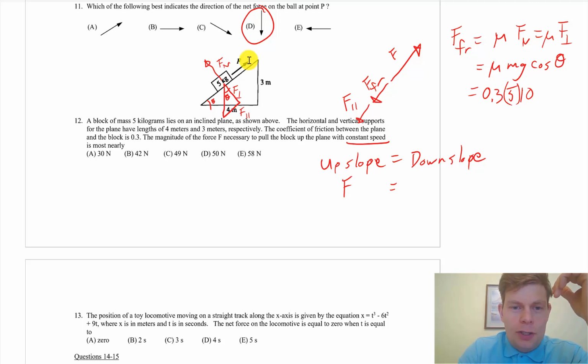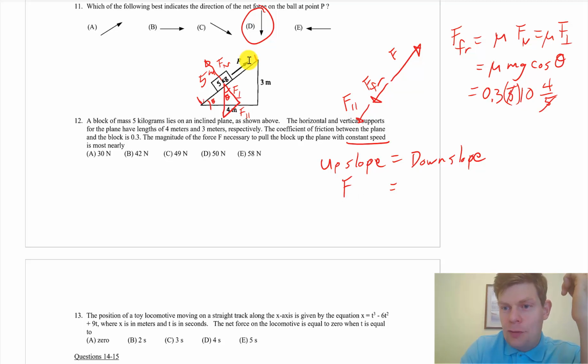Adjacent over hypotenuse. I know it says 5 kilograms, so that's not necessarily the length of this, but this is a 3, 4, 5 right angle triangle, so this is 5 meters as well. And so cos theta is just adjacent over hypotenuse, or 4 over 5, which works out pretty nicely.